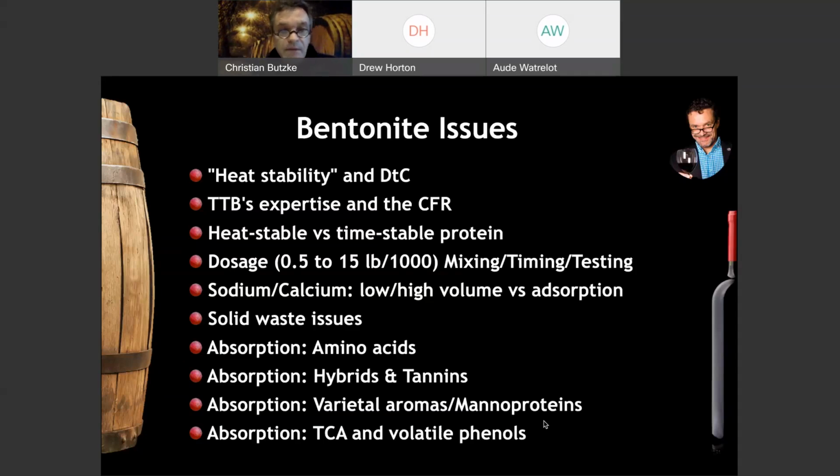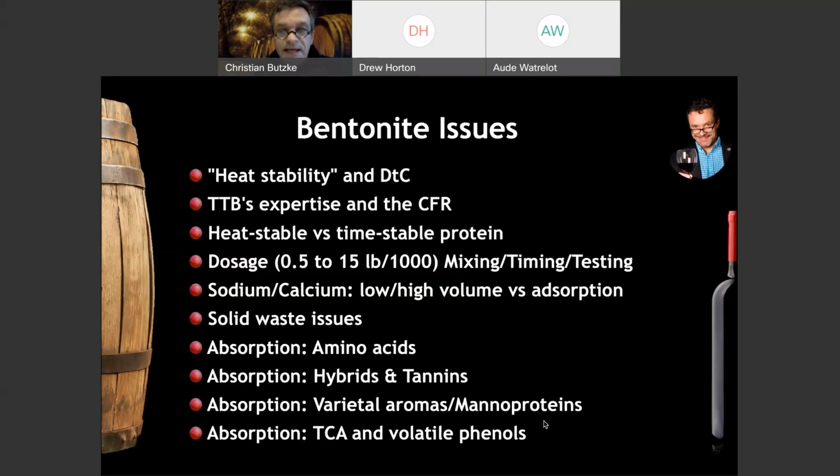I already mentioned heat stable versus time stable protein. We often use tests to determine the dose of bentonite in wine, and those are typically heat tests, which are most widely used. And again, they're testing for something that the wine should never experience, temperatures the wine should never see.